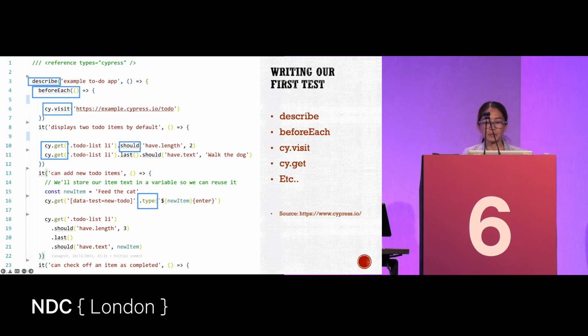In addition to the two default items, we should have a total of 3 elements in the list. Since assertions yield the element that was asserted on, we can chain both of these assertions together into a single statement. So this is just a basic sample flow of our test.